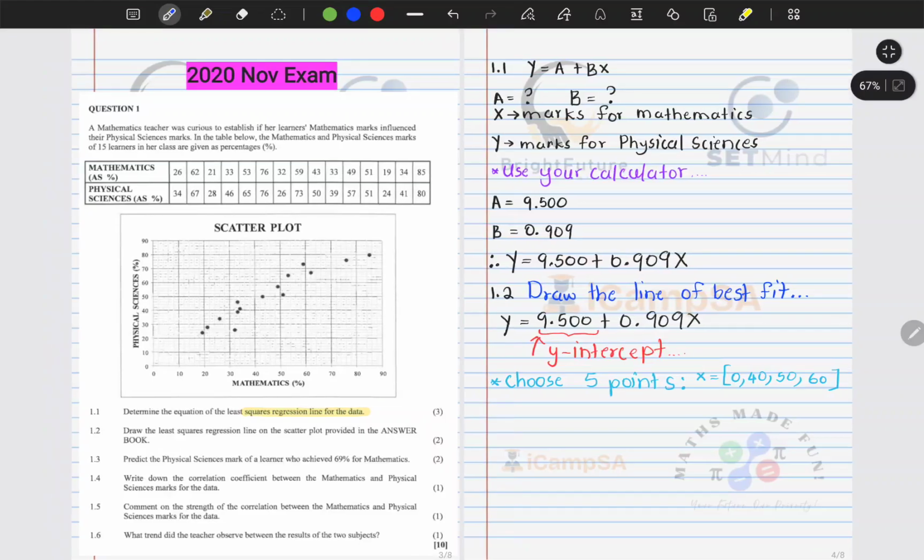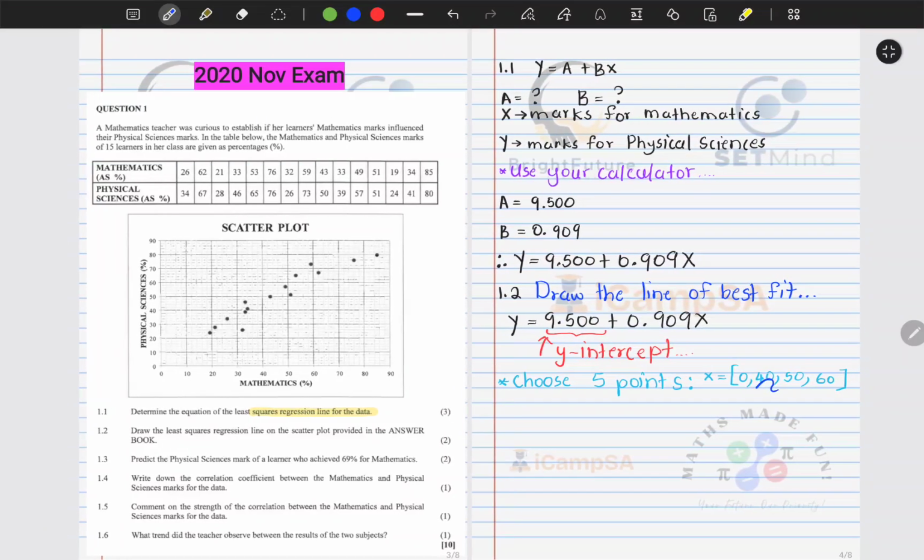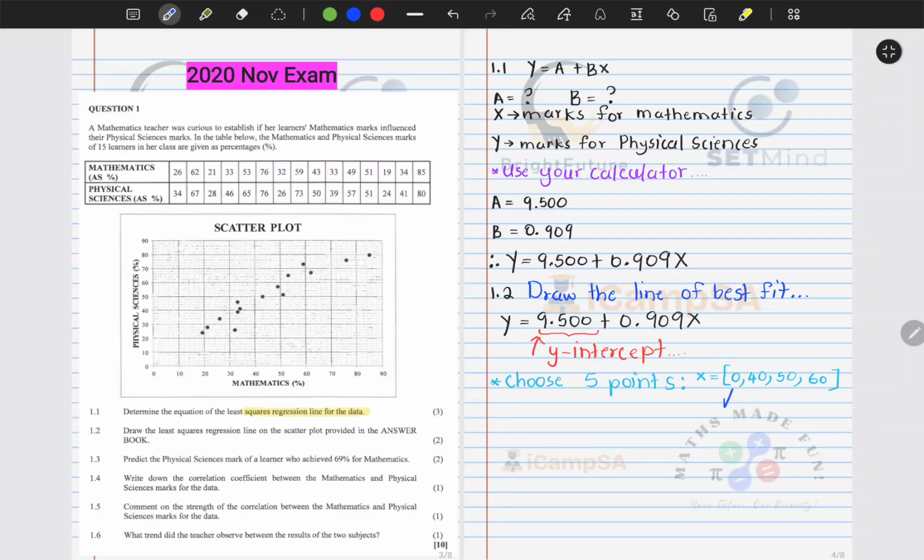So that is 0.909. So we can go and figure out what is the y value at 0. At 0, the y value is 9.5. And then we can go and figure out what is the y value, say, at 40, and you'll find out at 40, the y value which we get is 46.